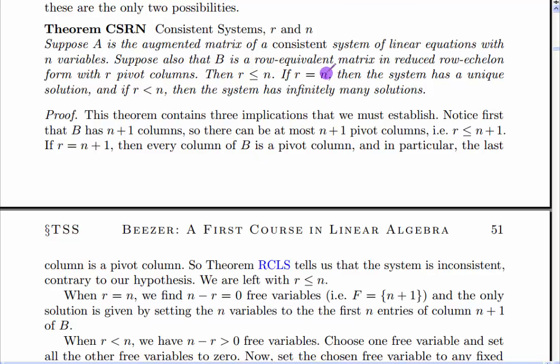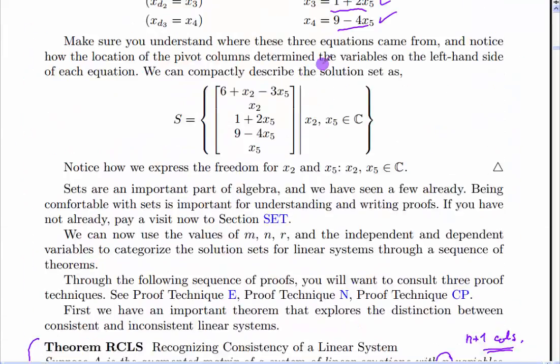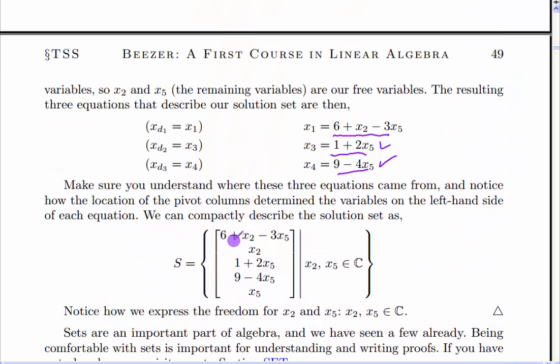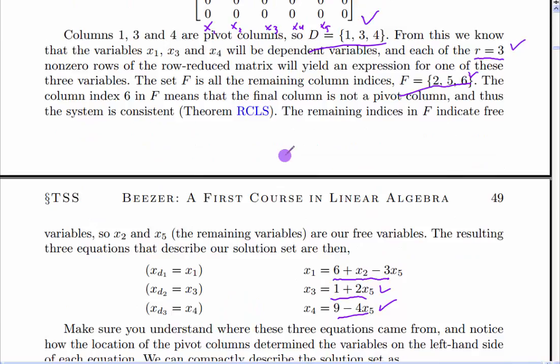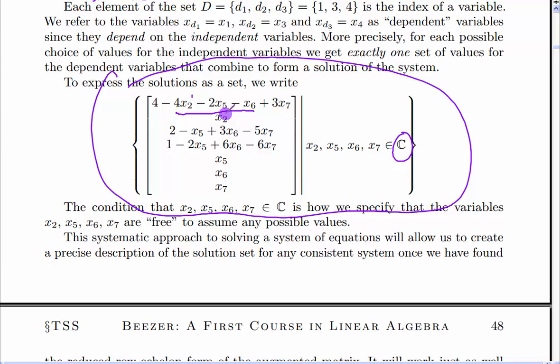The second question we want to address is, when does a system of equations have more than one solution? We've seen cases where it has one solution, and we've seen cases where it has more than one solution. If you look at these examples that we did here, this had more than one solution, and this example also had more than one solution. Why is that? Because I could choose any value of these free variables.